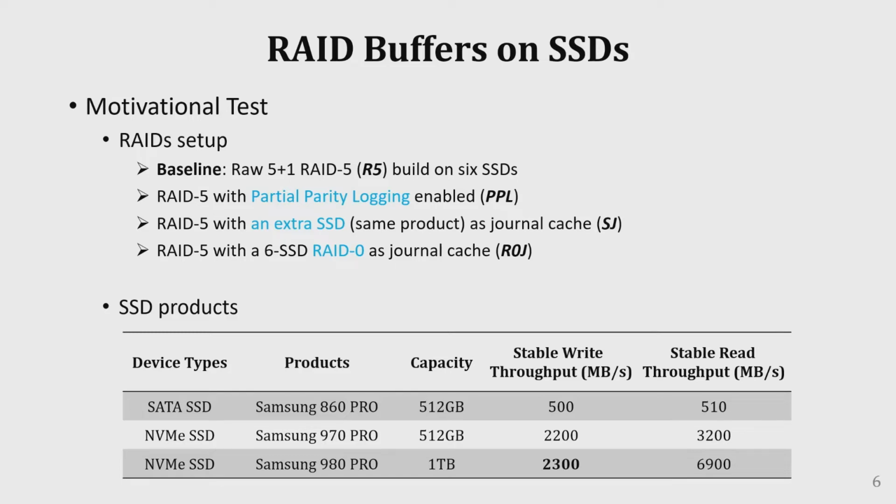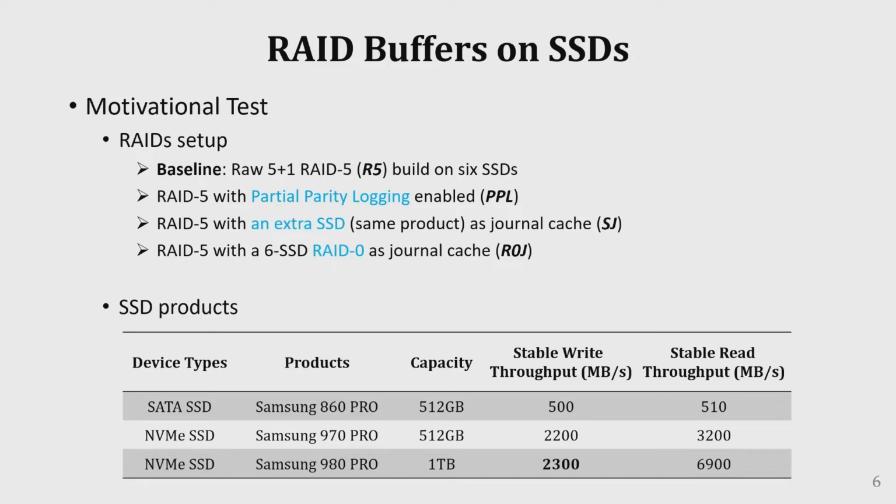We measure the RAID journal and the PPL performance running on three types of SSD devices whose characteristics are listed in this table. We first deploy 6 SSD devices to construct a raw RAID 5 and measure its performance as a baseline. We enable partial parity logging in MD RAID by using the mdadm option.